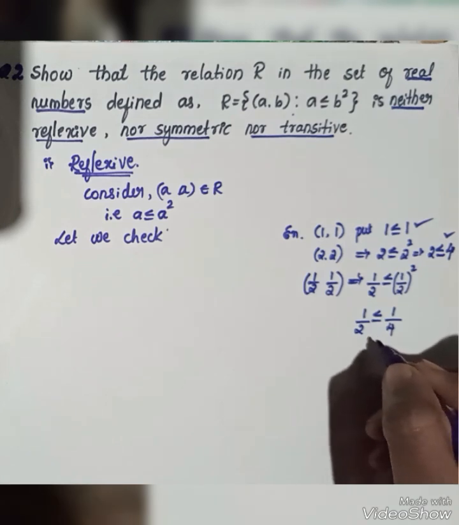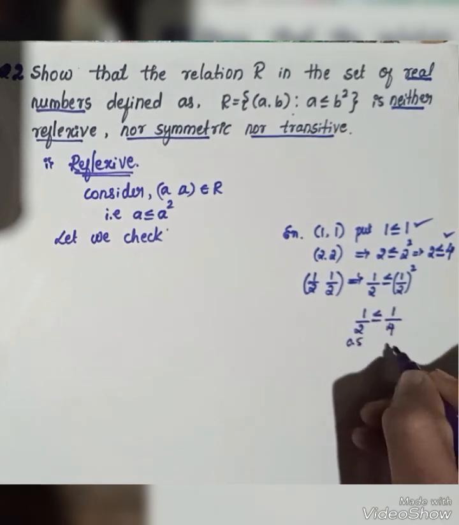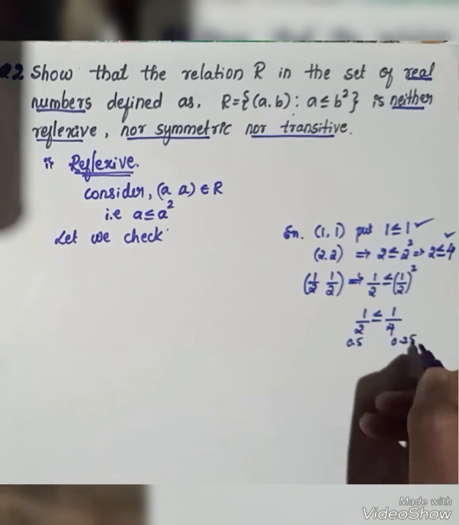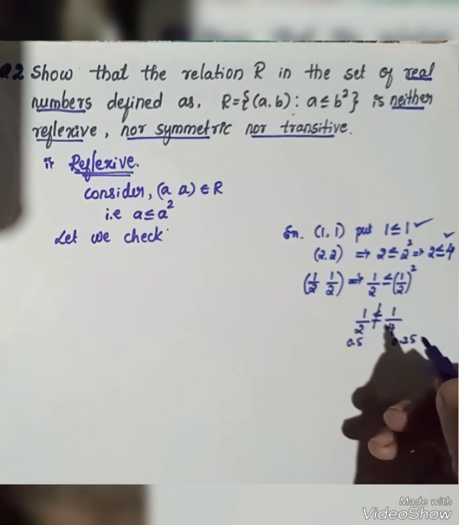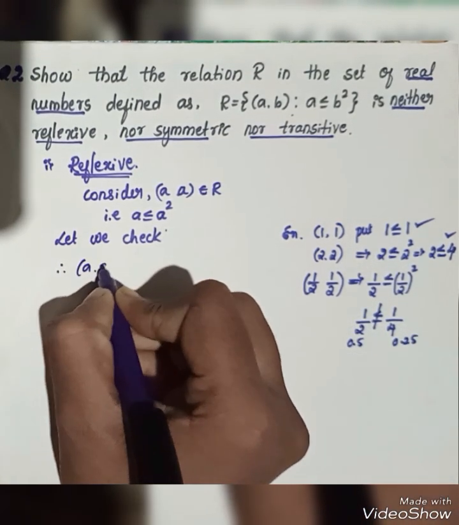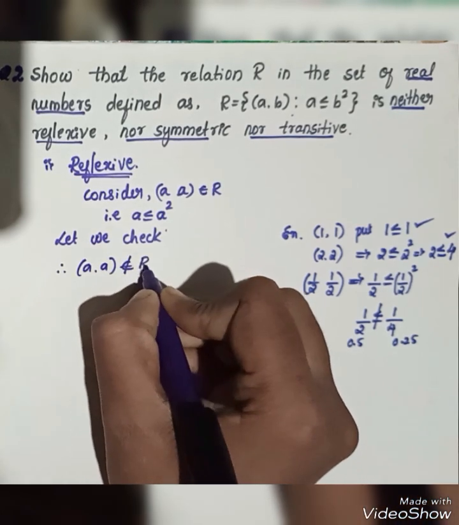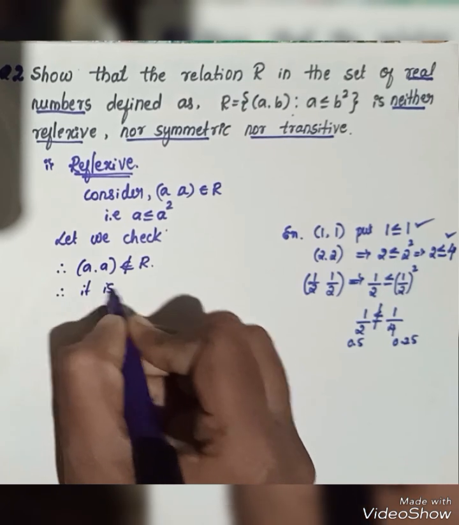Here check the condition: 1 by 2 becomes 0.5, and 1 by 4 becomes 0.25. Which one is smaller? 1 by 4 is smaller. Hence the condition is not satisfied. Therefore A comma A does not belong to R. It is not reflexive.